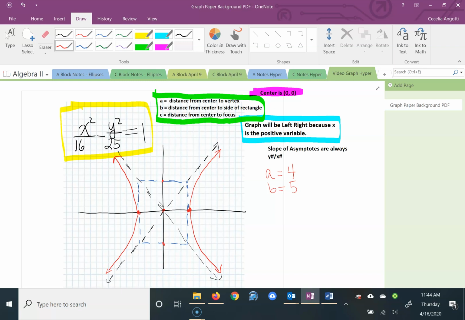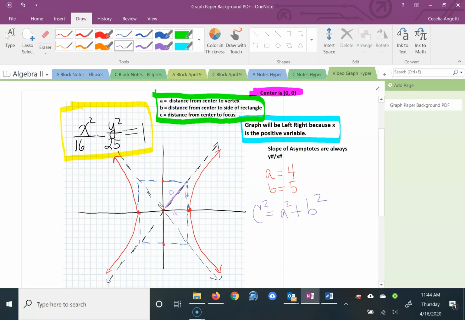Okay, other things I need you to know. The focus will always be lying inside of the bowl. And how that gets created is if I were to take this piece right here, notice that this would be C, this was our A, this was our B. And our relationship here is C squared equals A squared plus B squared.